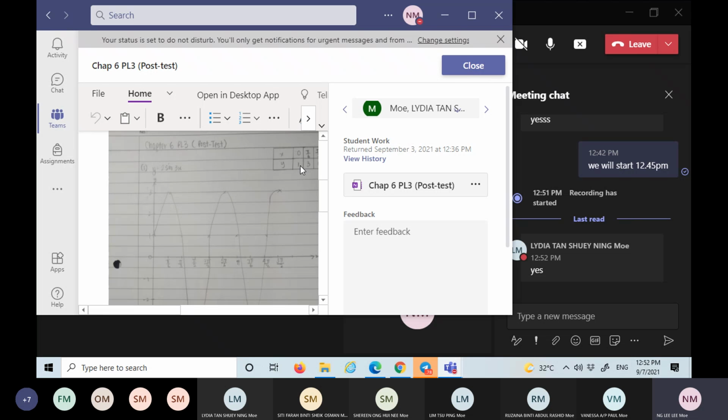X is 0, 3 times 0 is 0. So sin 0 is what? Zero.